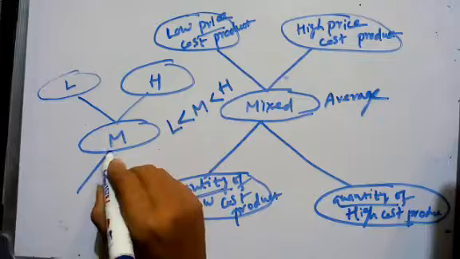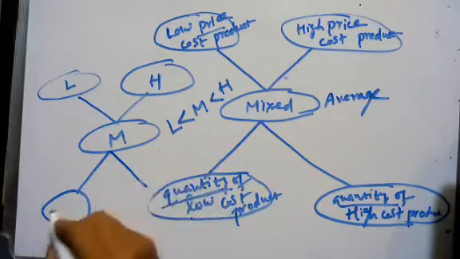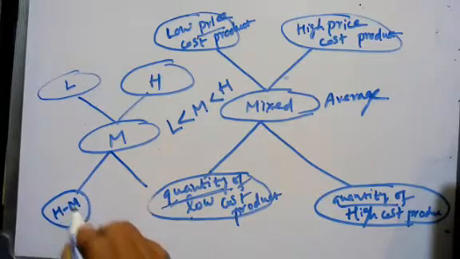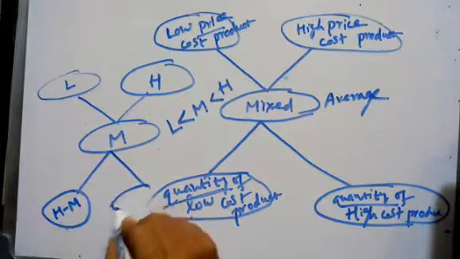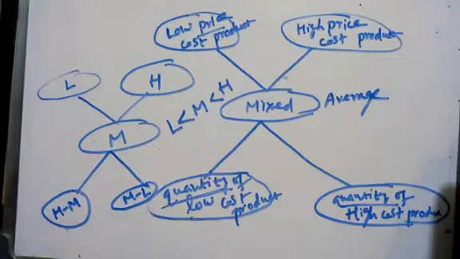That means the two outcomes are: one gives us H minus M, and another gives us M minus L. Clear? Now let's start with the math.